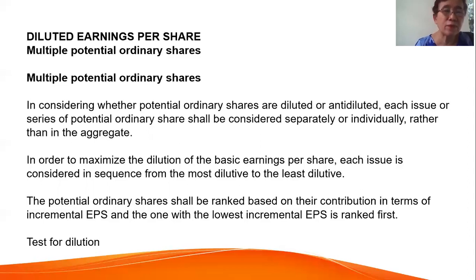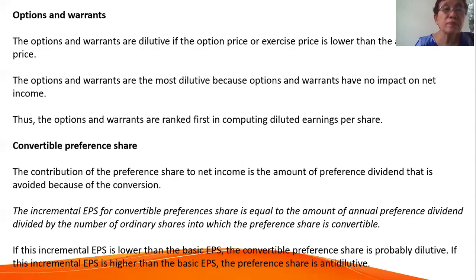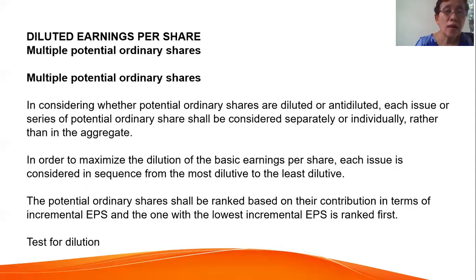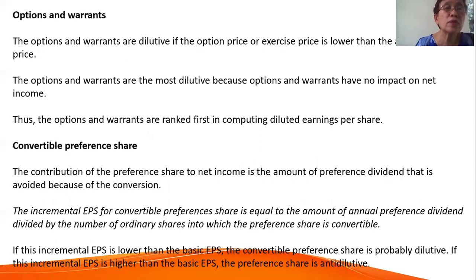Now we have the test for dilution. Options and warrants are dilutive if the option price or the exercise price is lower than the par. The options and warrants are the most dilutive because options and warrants have no impact on net income.